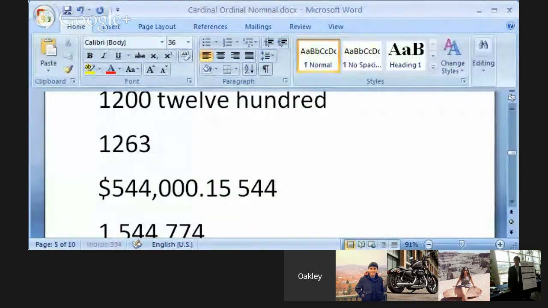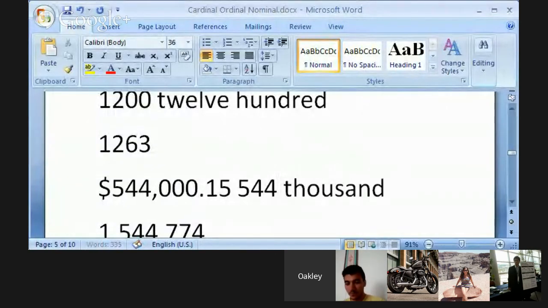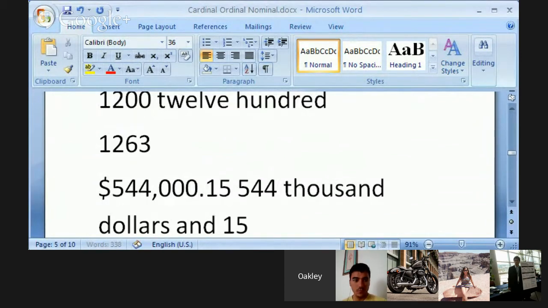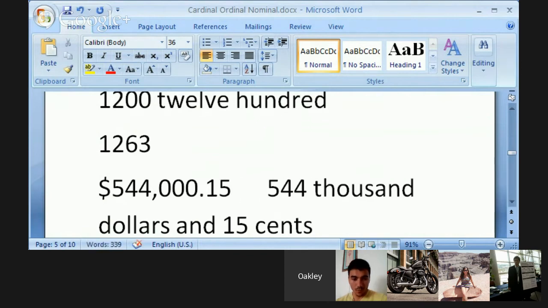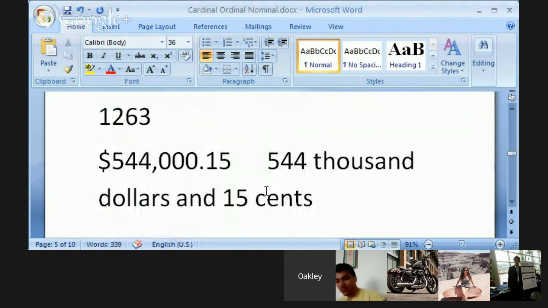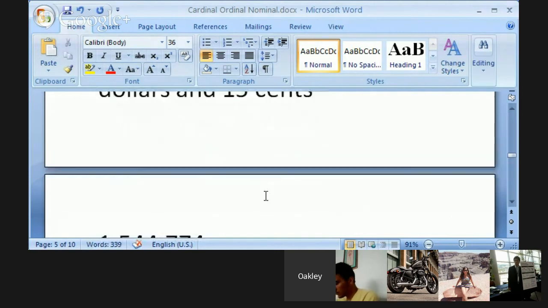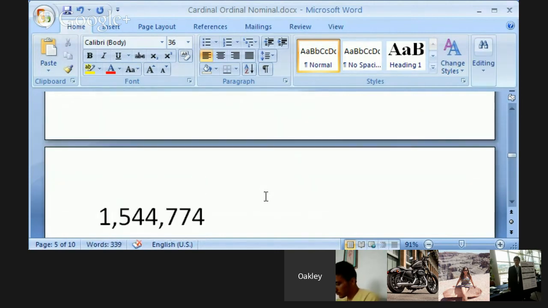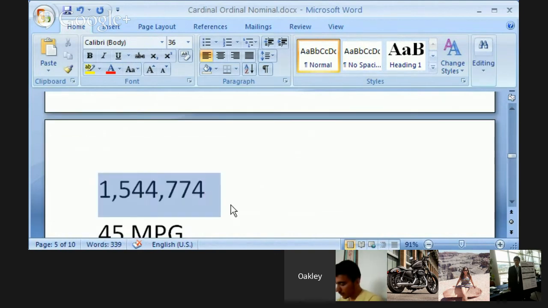And 15 cents. Yes. Dollars with an S. There's your S. 15 cents. Yes. Just like that. Okay. That's it. All right. Next. Okay, Carolina, how would you say this one?